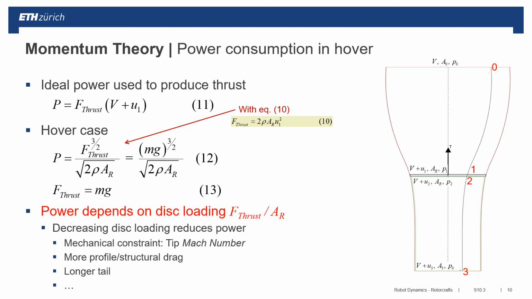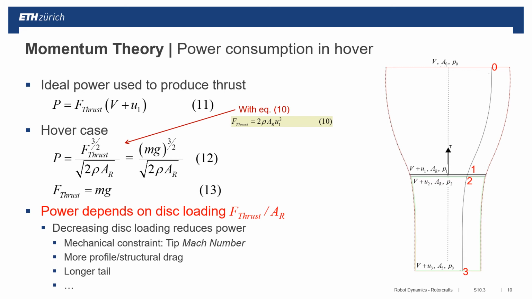Now, what does this mean? This means that the power depends on the disk load, which is defined by the thrust force divided by the surface area. So with a decreasing load, we have reduced power, which means that for a given thrust force we should have a surface area as big as possible.